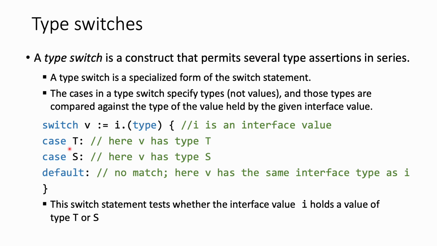This switch statement tests whether the interface value i holds a value of type T or S. In each of the T and S cases, the variable v, which holds the underlying value of i, will be of type T or S respectively. In the default case, where there is no match, the variable v is of the same interface type as variable i.